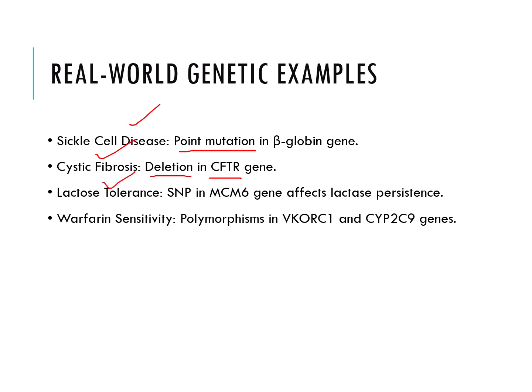Lactose intolerance is due to a single nucleotide polymorphism in the MCM6 gene, which affects lactase persistence. Warfarin sensitivity is caused by polymorphisms in certain genes. So these are real world genetic examples of polymorphism and mutation.